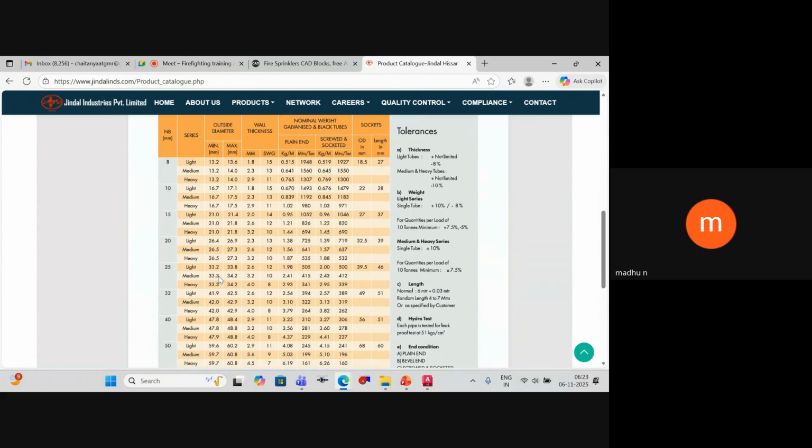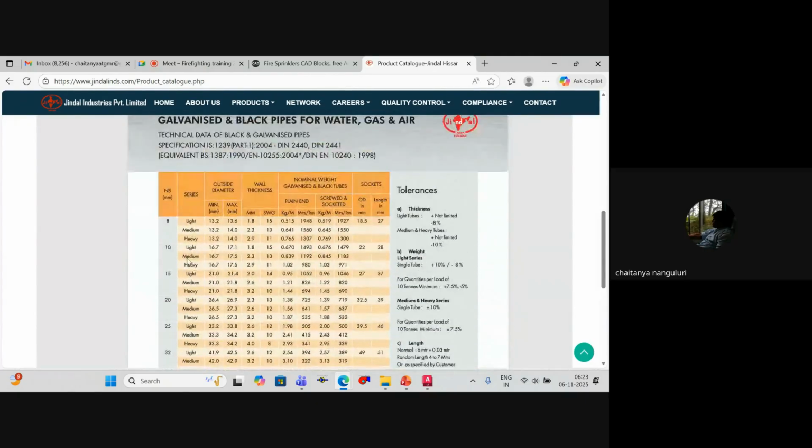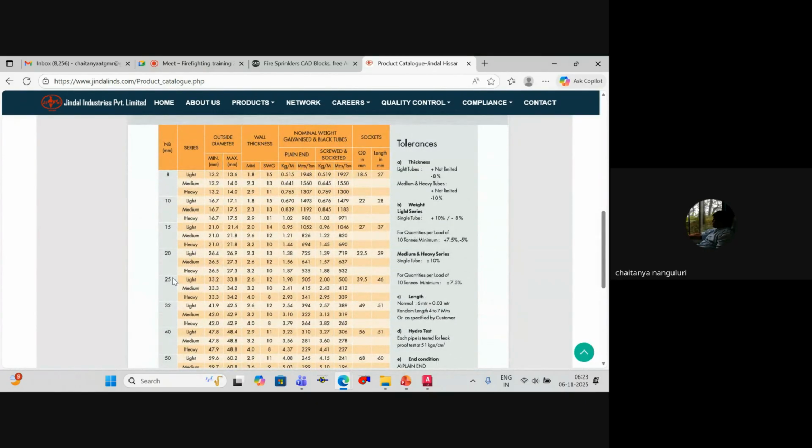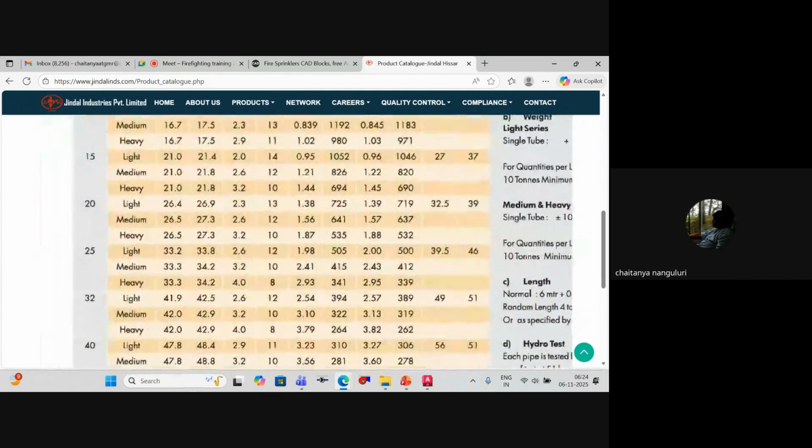If you take your 25 diameter heavy pipe, your outer diameter minimum is 33.3 and maximum is 34.2. These are the tolerances. When you manufacture, obviously you will not get exact decimals, so you have 33.3 as your minimum and 34.2 as your maximum diameter.